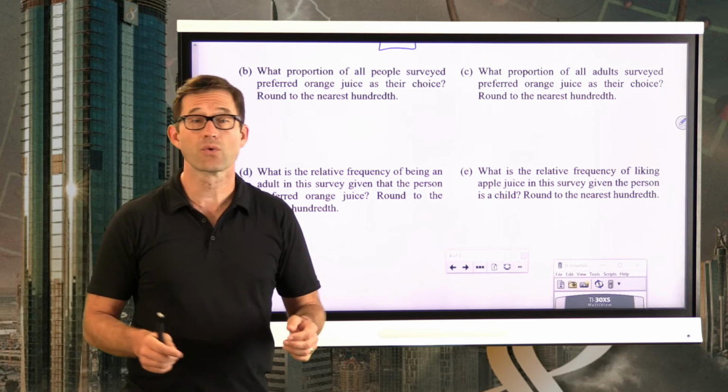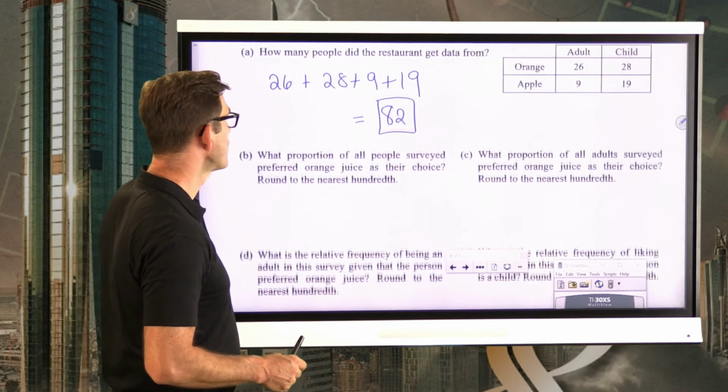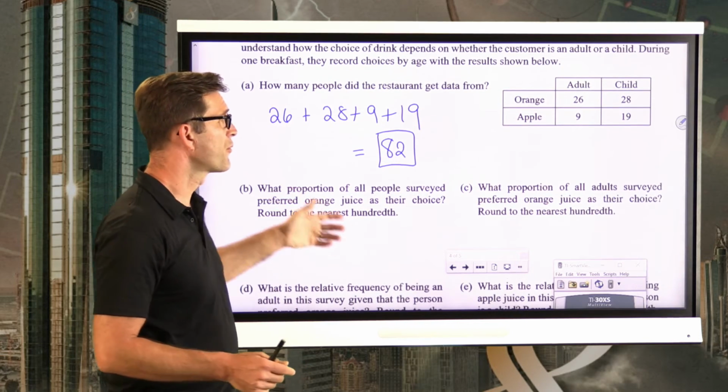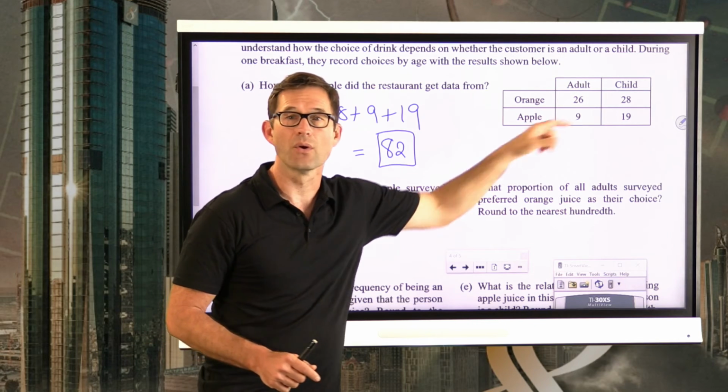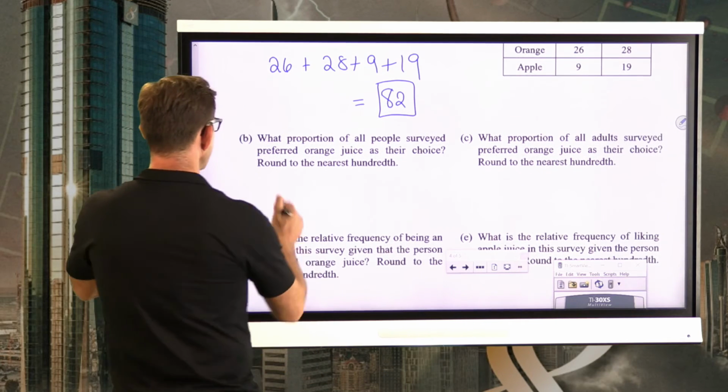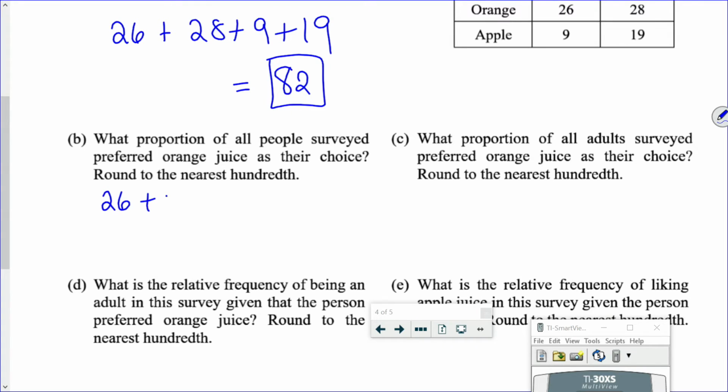All right, we've got to scroll back up. The first thing I need to know is how many people preferred orange juice. We had 26 adults and 28 children that preferred orange juice, so 26 plus 28 is 54. 54 people preferred orange juice, out of a total of 82 people.